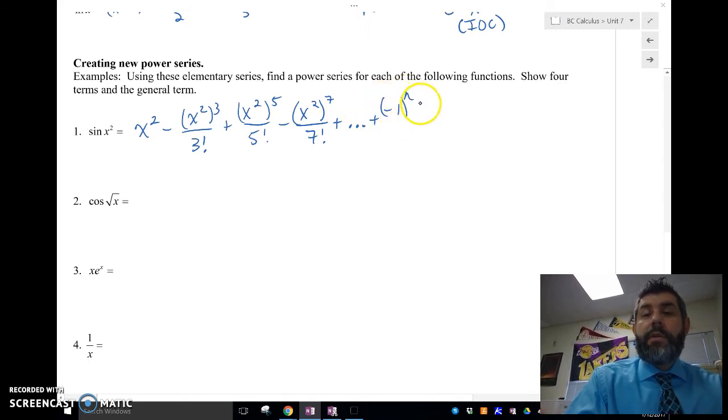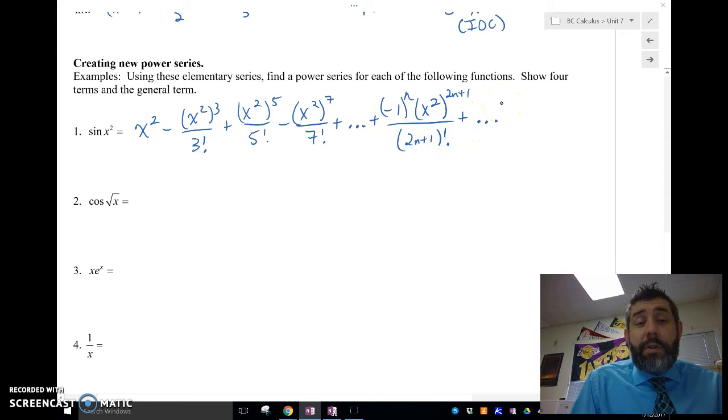Negative 1 to the n, x squared to the 2n plus 1 over 2n plus 1 factorial. Now, if you want to, you can do x to the 6th and x to the 10th, but it's not necessary. You don't need to simplify these on the AP exam, so we're going to leave these alone like they are right here.